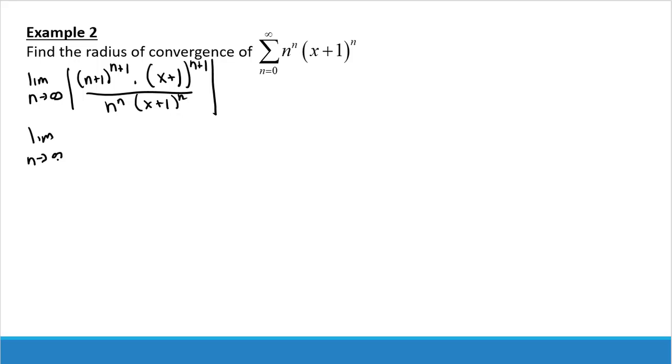Now I can't simplify these, those stay the same. And then this would simplify to just x plus 1. So typically you're going to have some piece involving n and then some piece involving x. Technically, since I'm not taking the limit as x goes to anything, that x can come out in front.